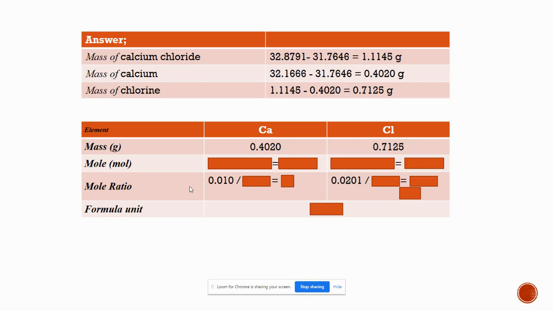Okay, then we have the mass of calcium. We also have the mass of chlorine.